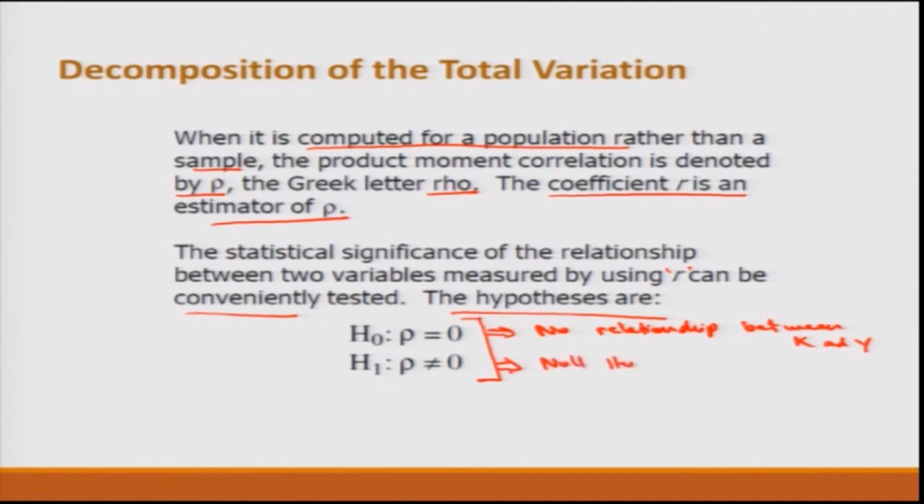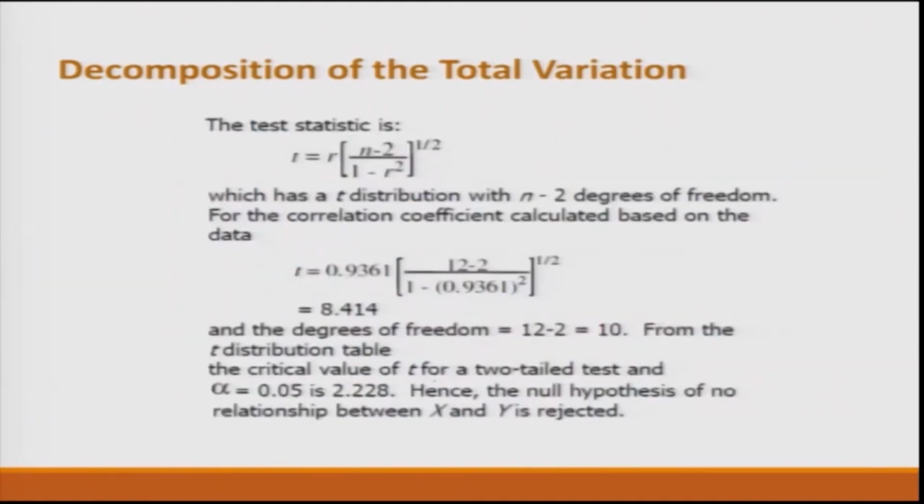If the null hypothesis, that is the no relationship hypothesis, is rejected, then a relationship exists. So, the test statistic is evaluated using this relation: t is equal to r times the square root of n minus 2 divided by 1 minus r square, which has t distribution with n minus 2 degrees of freedom.